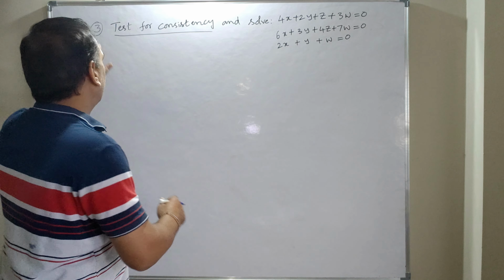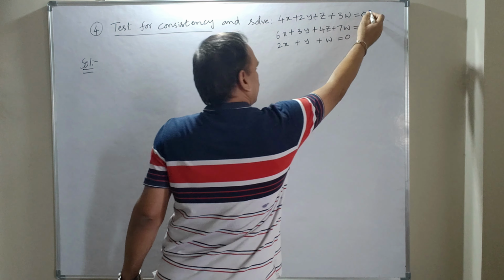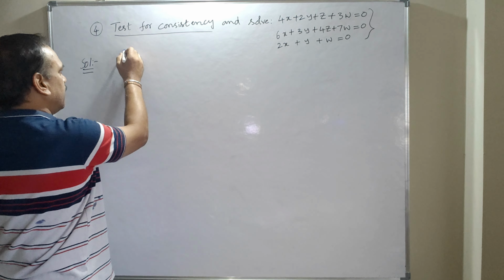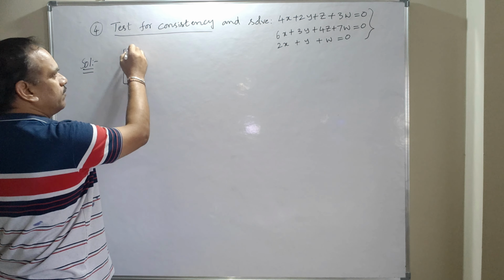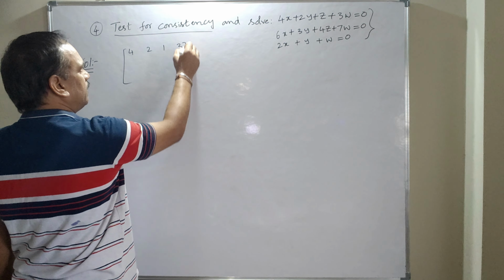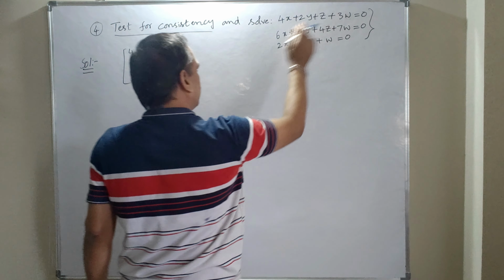So, coming to this problem, this is also a homogeneous system of equations because the right hand sides are all zeros. Let us convert this into matrix form. You have 4 variables here, 4 unknowns x, y, z, w.